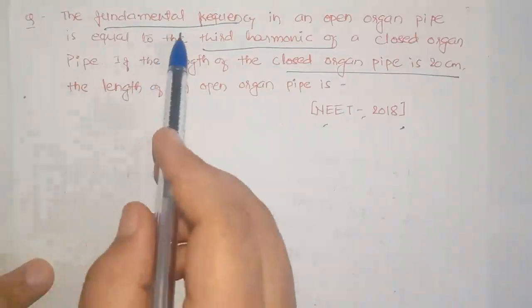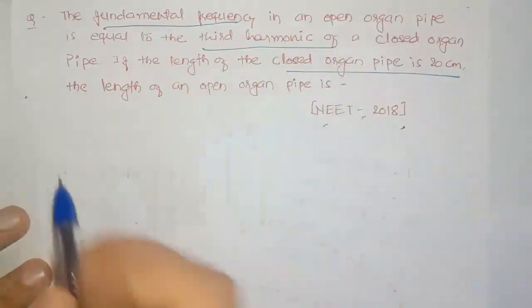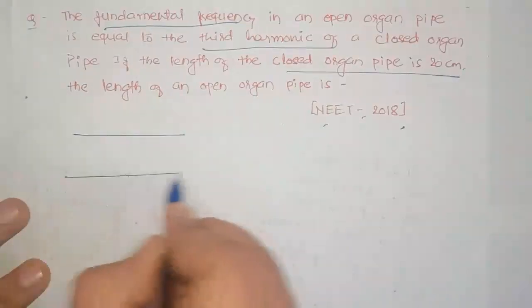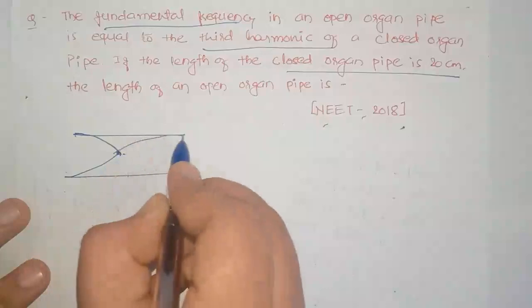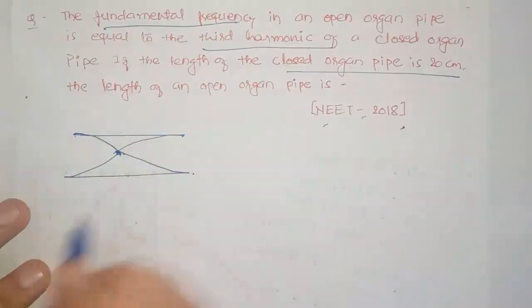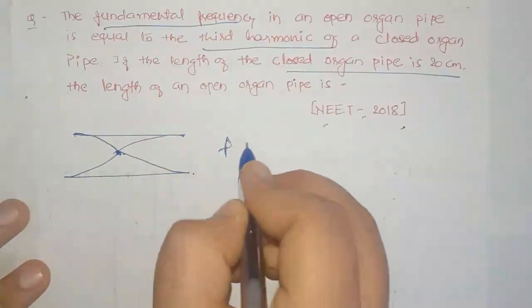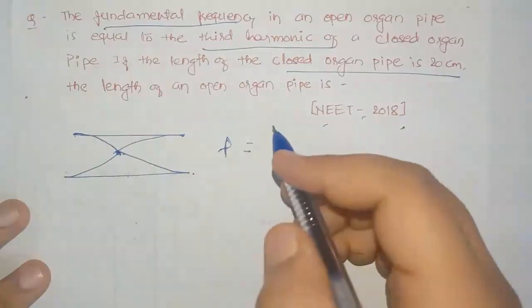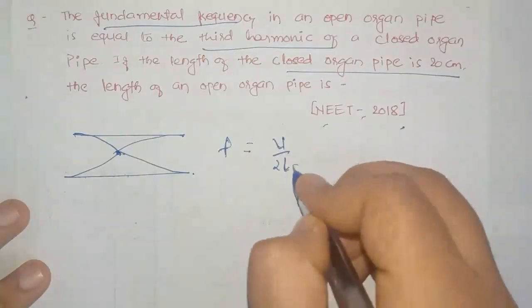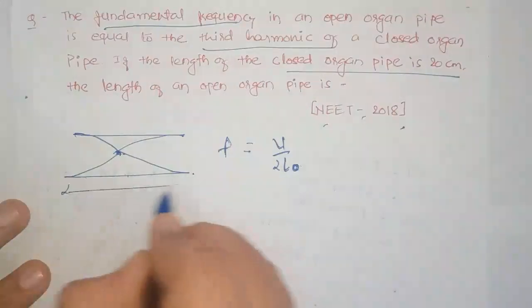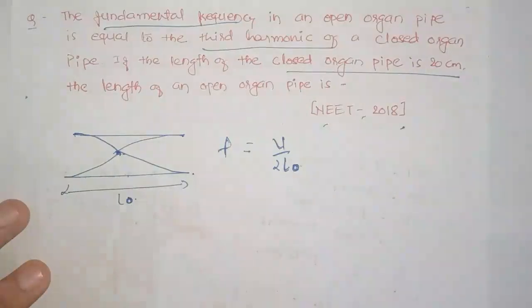The fundamental frequency of an open organ pipe. This is open organ pipe. In the fundamental mode, there will be only one node. So the frequency will be V by 2LO. Let's say the length of open organ pipe is LO.